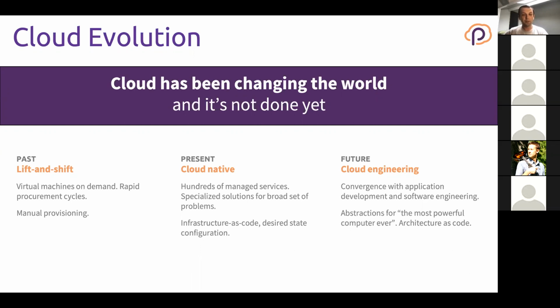In the future, of course, I don't know what's going to happen, but I expect that cloud providers will try to meet application developers closely, so provide even easier to use and specialized solutions for different types of applications, from web applications to machine learning and whatnot. So that they could take advantage of the most powerful computer ever as easily as possible and for as many developers as possible.